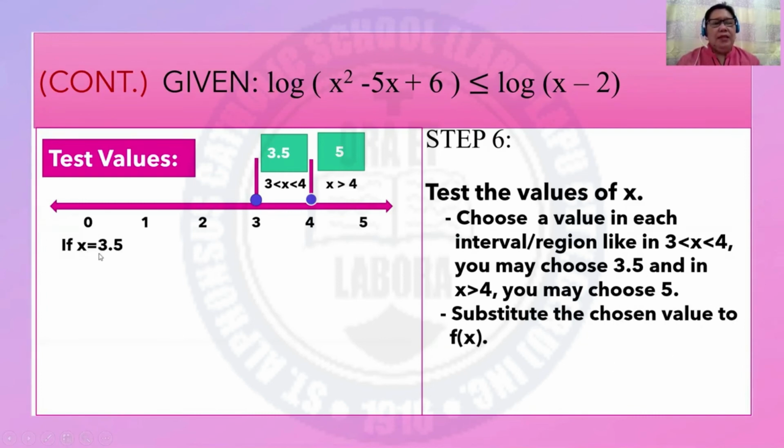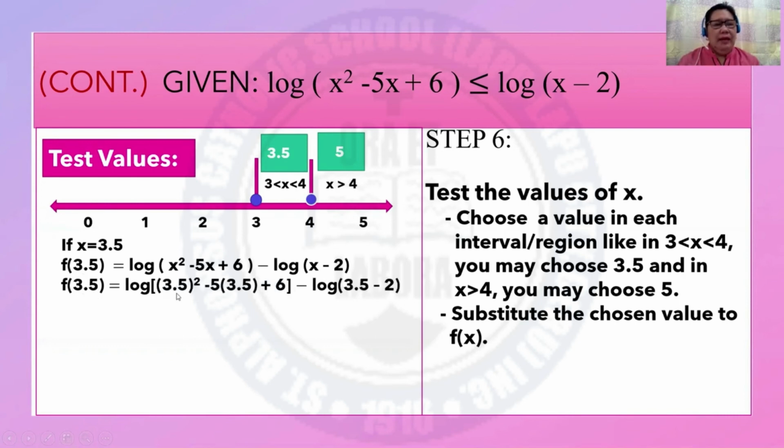So if x is equal to 3.5, then substitute 3.5 to x. So what we have, x here will be changed to 3.5 and then you square. Then x here will be changed to 3.5 multiplied by negative 5 plus 6. And x here will be changed into 3.5.